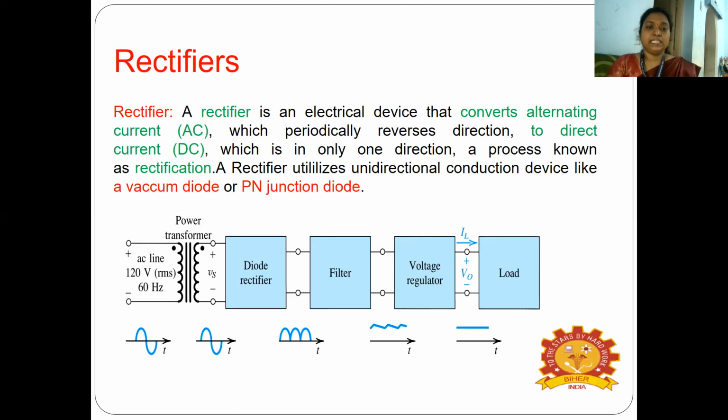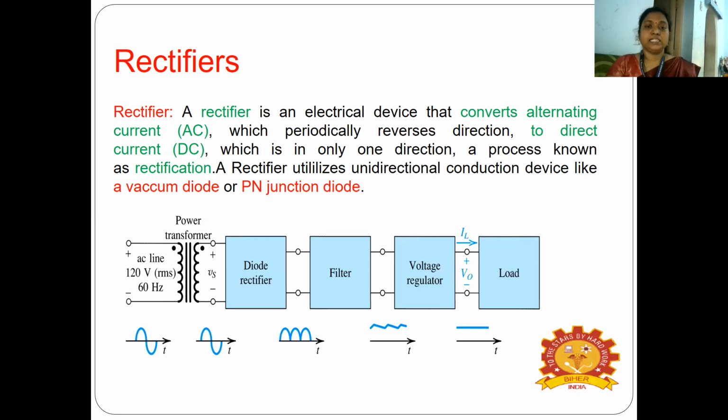This AC signal given to the diode rectifier is converted into a DC signal, that is a direct current signal, the output from the rectifier. The input to the diode rectifier is the full sine wave, but the output from the rectifier is a DC wave, whether a half wave signal or full wave signal.